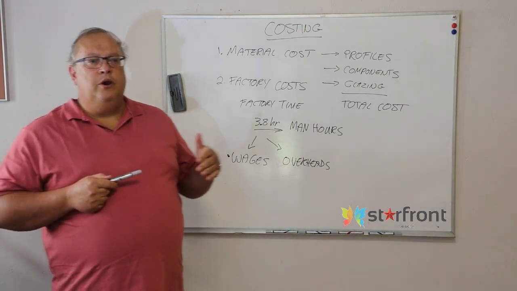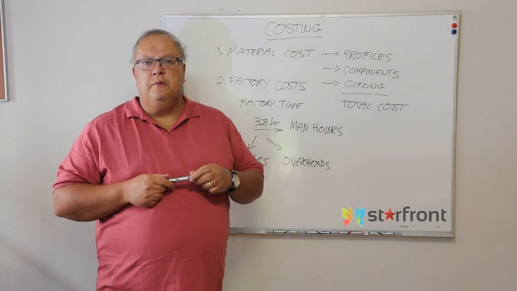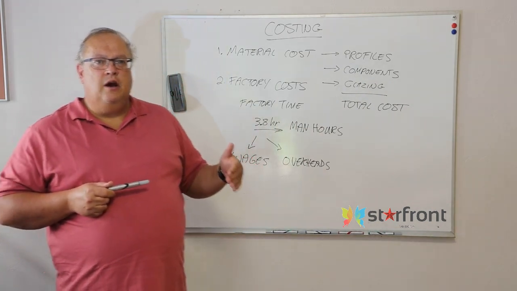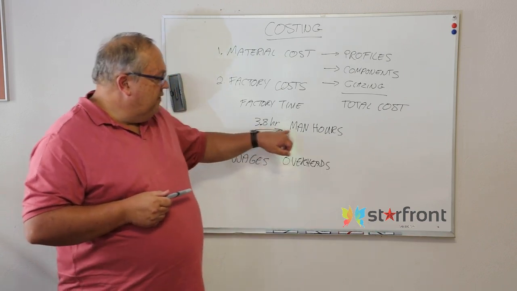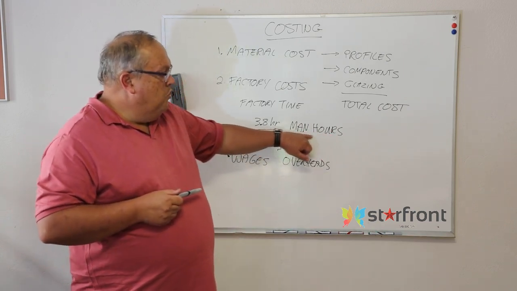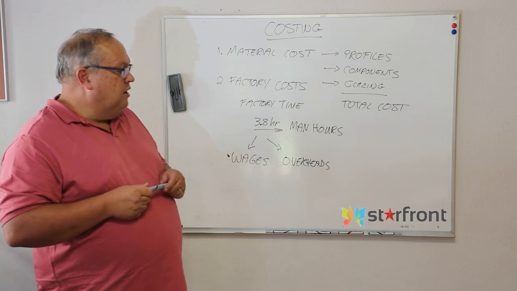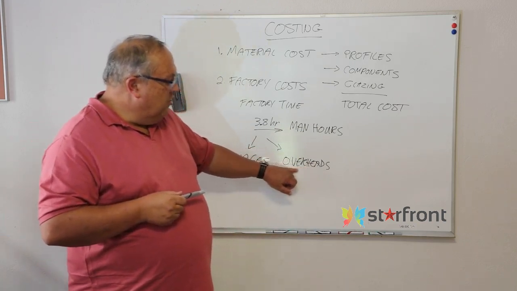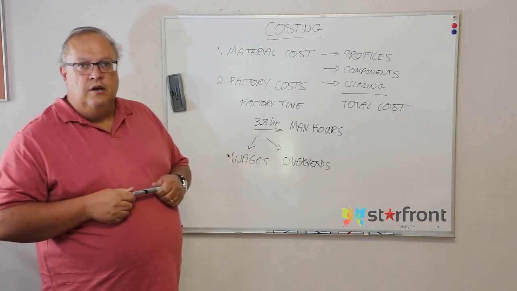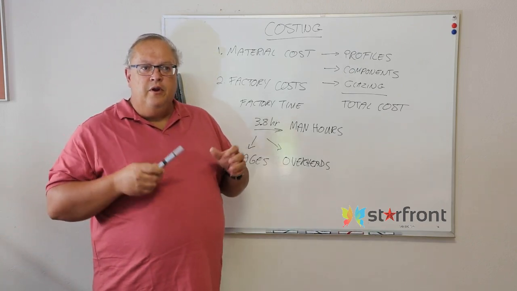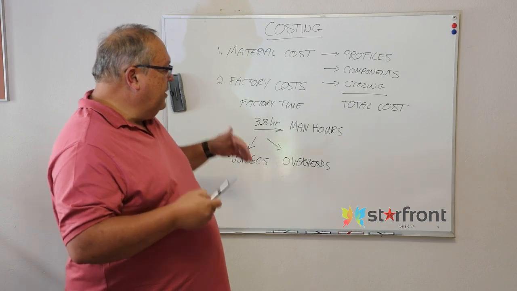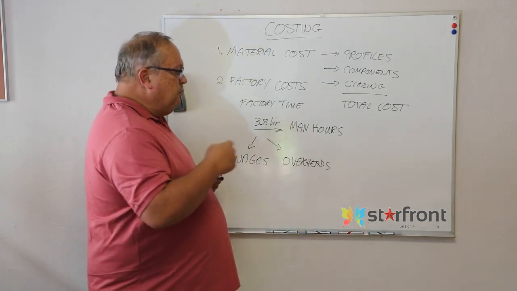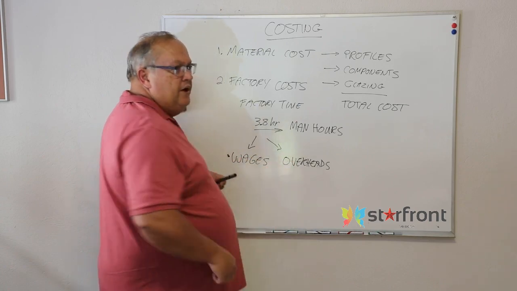If I say a window takes 3.8 hours to manufacture in my factory, it must cover 3.8 hours worth of factory time or wages for that staff, plus it must cover 3.8 hours of my factory's overheads. So for every hour that product is in your factory, it has to contribute its portion to the overheads of that business.